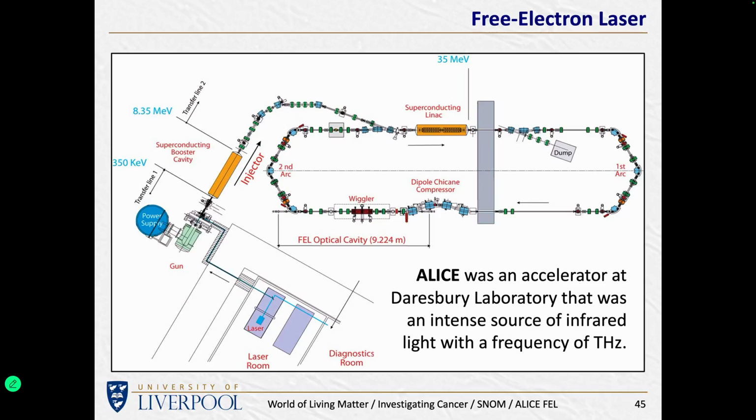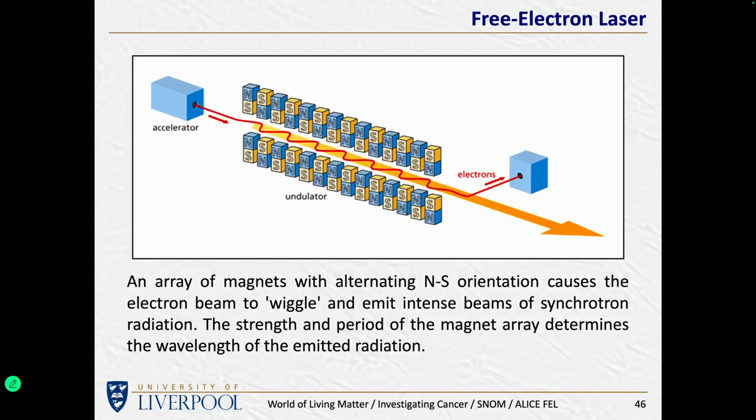We started by taking infrared light from an accelerator. I'm not going to talk through all the details, but there's an accelerator at Daresbury Laboratory. It was originally called ALICE, and part of that accelerator was designed to produce infrared light, and it had the sort of frequencies that we were interested in using. How does it do that?